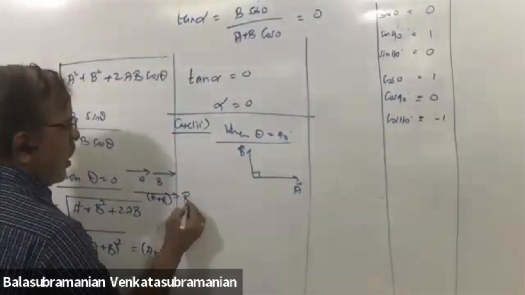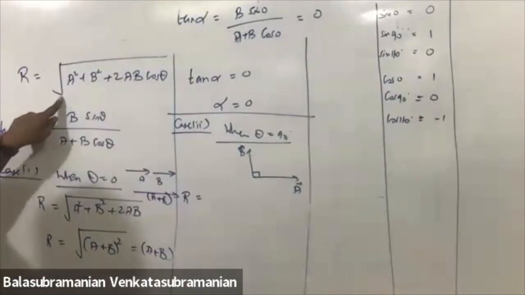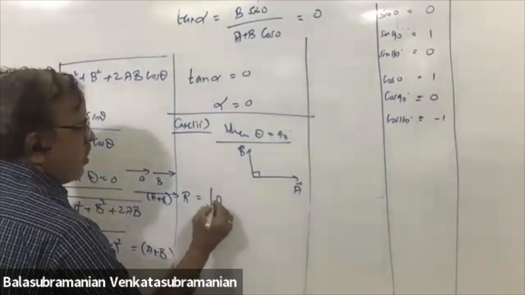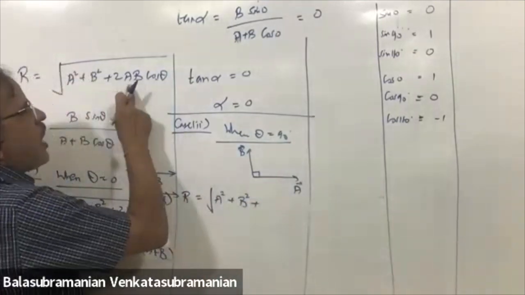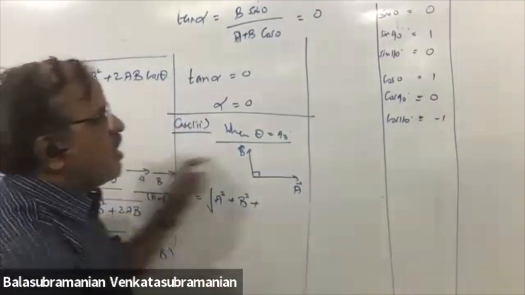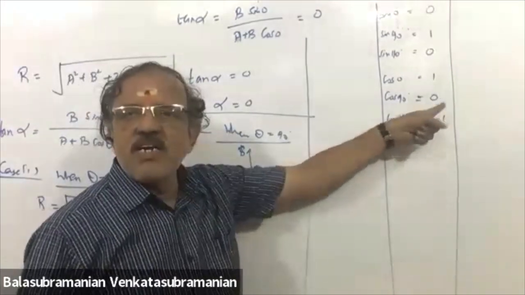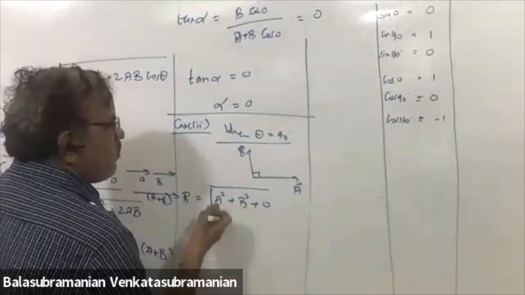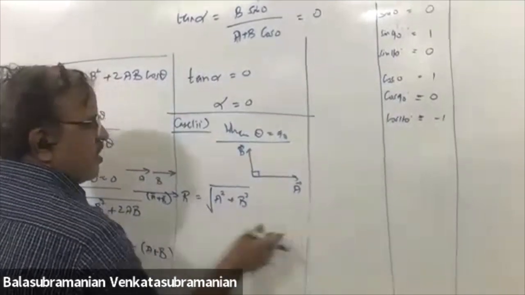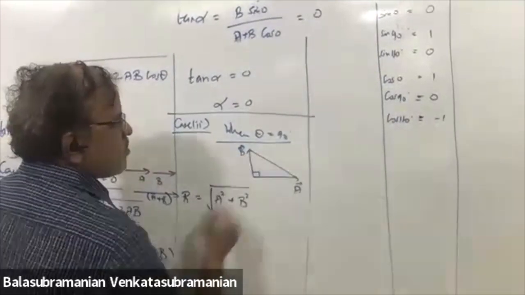So the formula R is equal to root of A square plus B square plus 2AB cos 90. What is cos 90 here? 0. So this is root of A square plus B square. This is Pythagoras theorem.